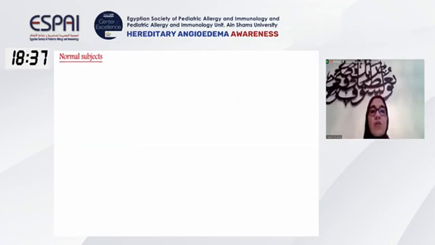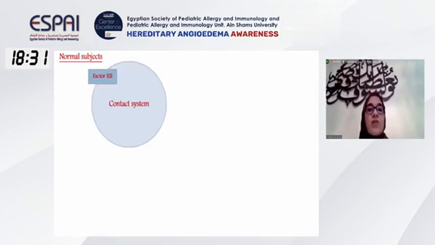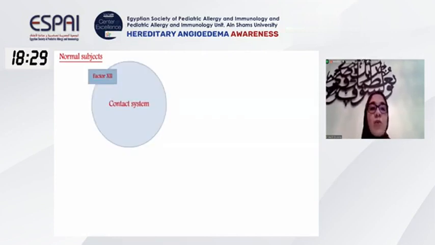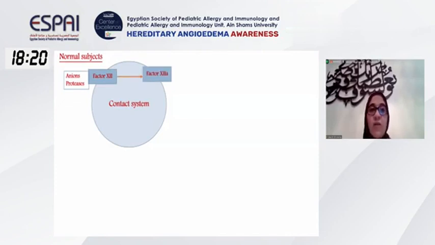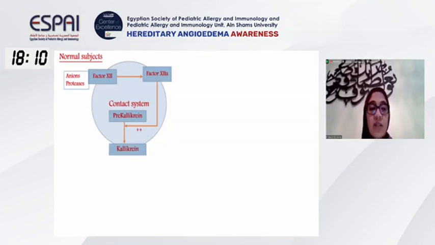So let's start with what's going on when the contact system is activated in normal subjects. It starts with factor 12, which gets activated when in contact with negatively charged anions or proteases, and is converted to active factor 12. The active factor 12 will then stimulate the conversion of prekallikrein into kallikrein.